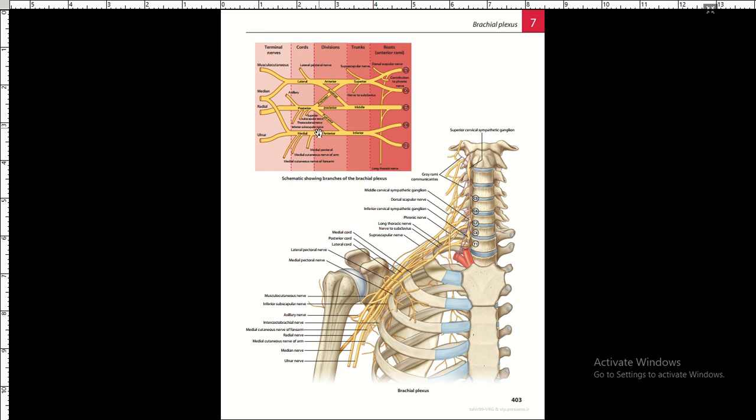You can actually see branches in the trunks, and you can see them in the cords, but in the divisions there are no branches. You're going to have six divisions. Each trunk will give you an anterior and a posterior division, as we're going to see.